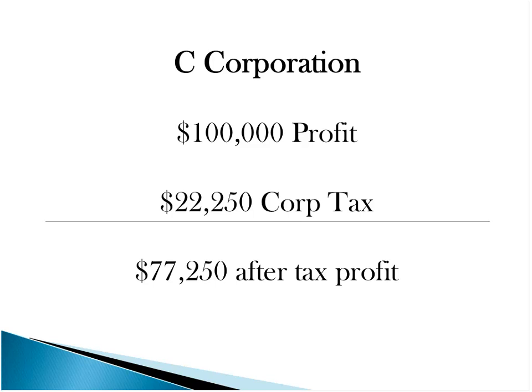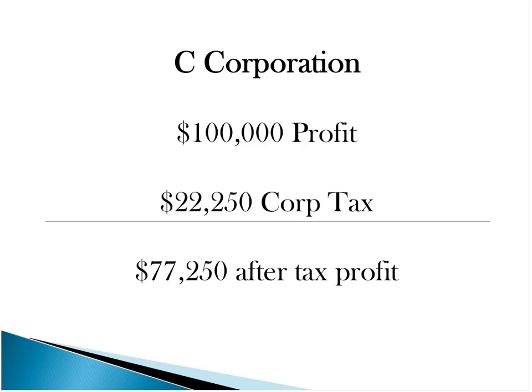Now that is not too bad as far as the other examples that we are going to go through, but we're not done paying tax here, because right now this money is sitting in the C corporation's bank account, and you of course want to use it to pay your grocery bills, pay the light bill, that sort of thing.